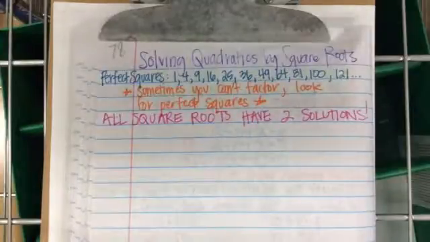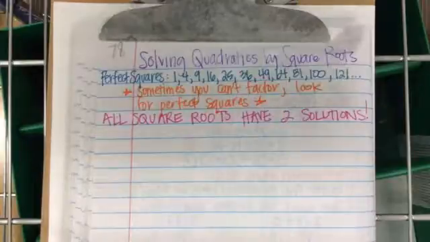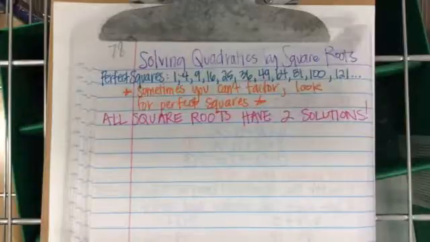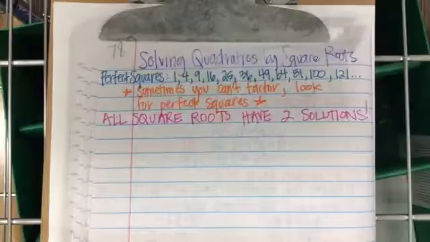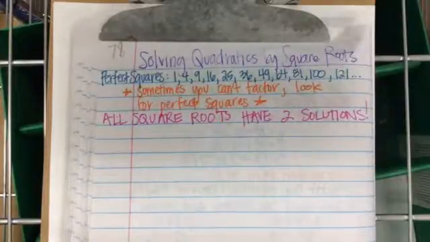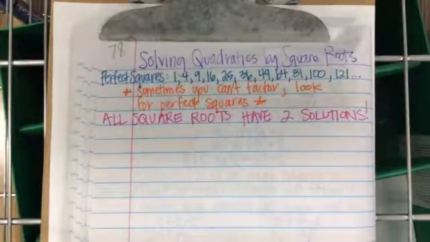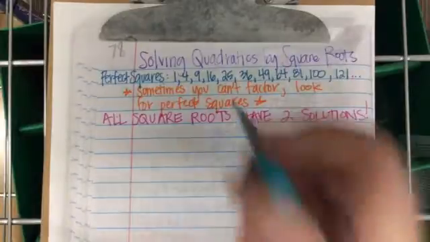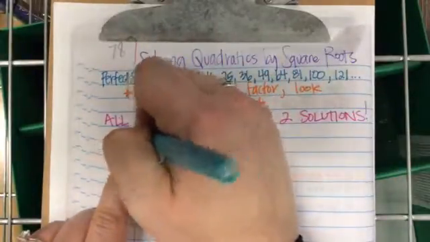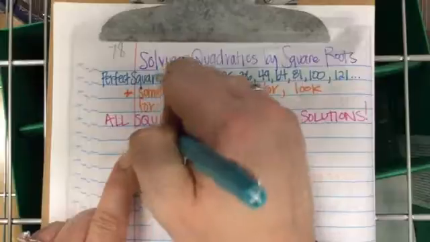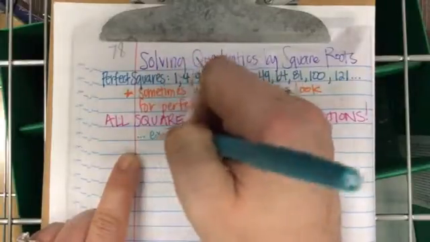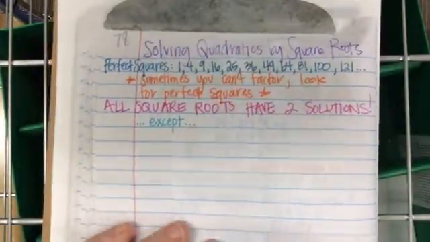All square roots have 2 solutions. Except, and we're going to fill it in a second.